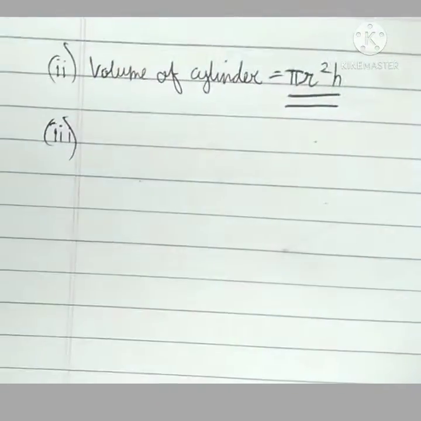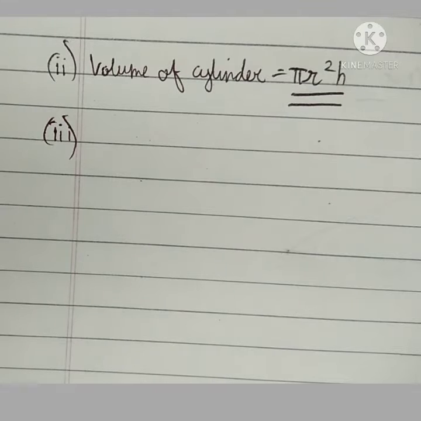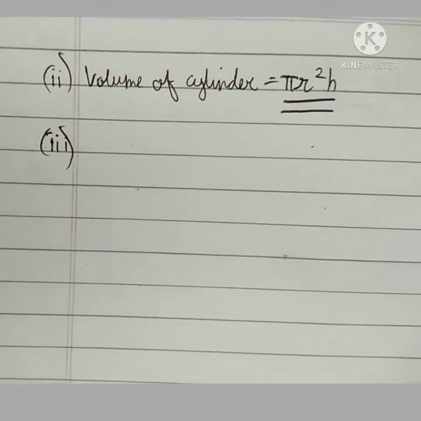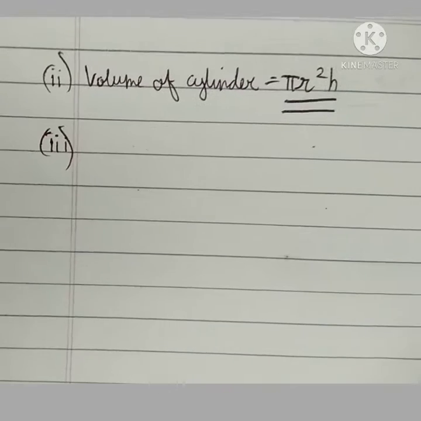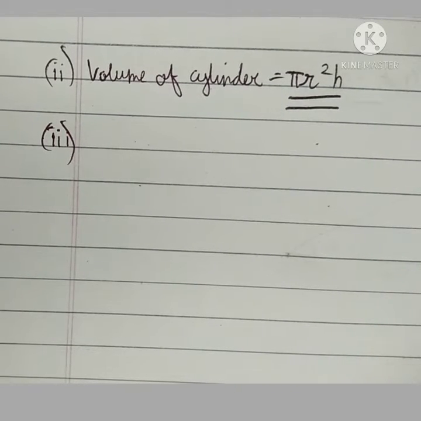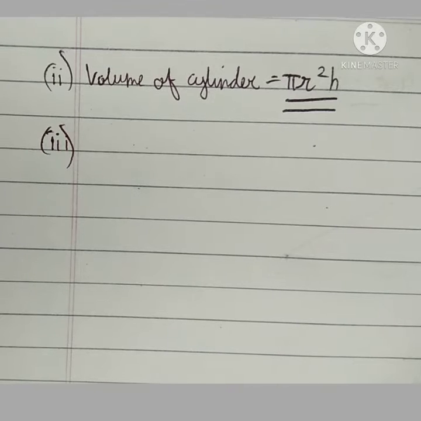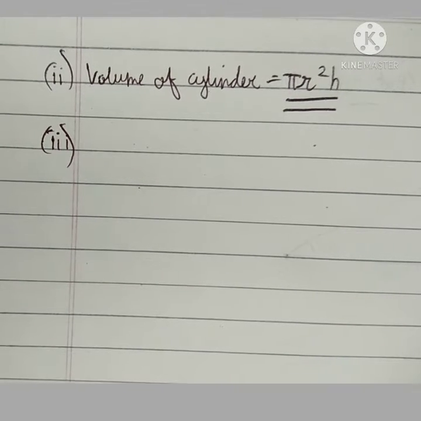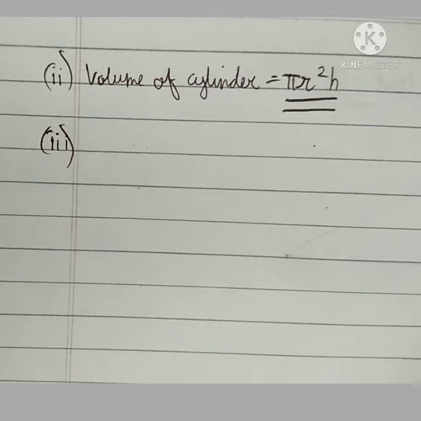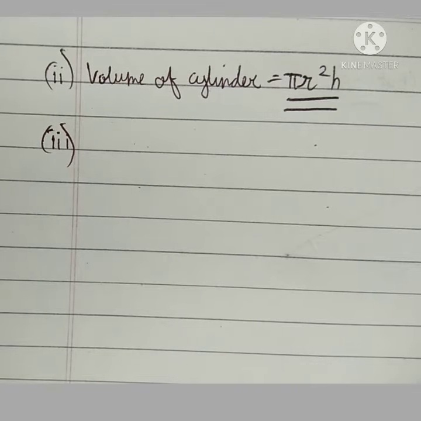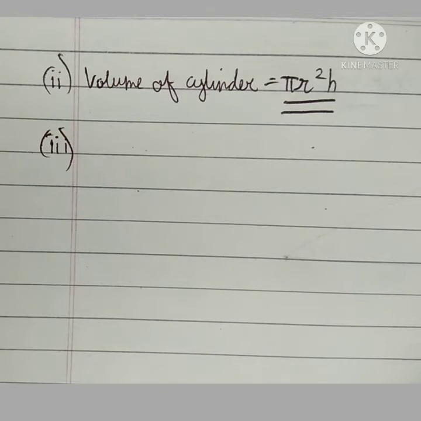it is saying find the lateral surface area of two pillars if the height of one pillar is 7 meter and the radius of the base is, it is not clear. Radius of the base is 1.4 meter.